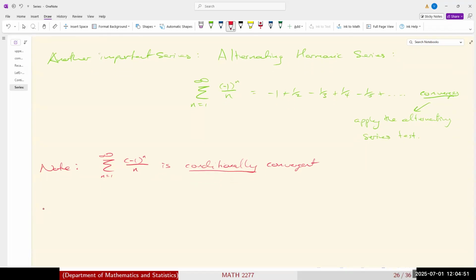So what happens if I take the summation of the absolute values of these terms? Remember what the absolute value does to this (-1)^n. It gets rid of the (-1)^n. So you just get 1 over n.